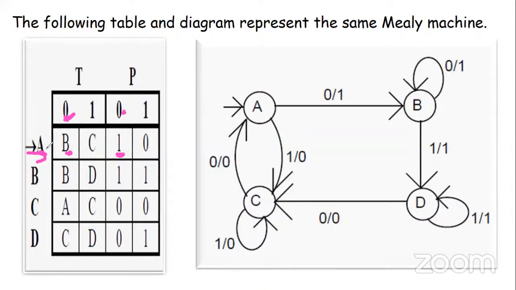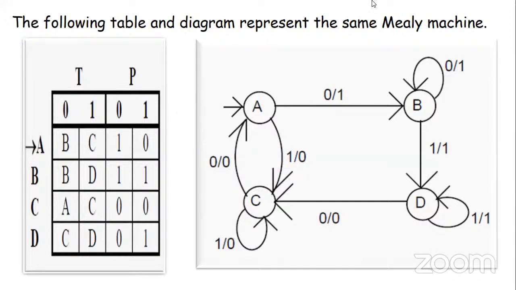Now, if you are at A, you receive a 1, you move to C, and what is the output under 1? It is 0. So those are the things we looked at very clearly in the last class.